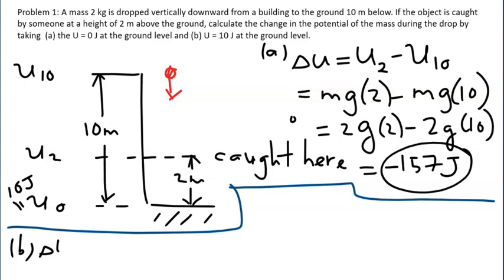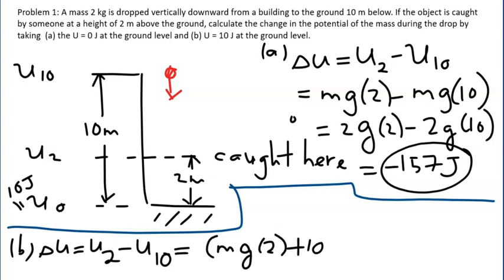So again, the change in potential energy is given by the final potential energy U2 minus the initial potential energy U10. The final potential energy is mg times 2, but now you have to add 10 because all the levels are raised by 10 joules, minus U10, which is mg times 10 plus 10.